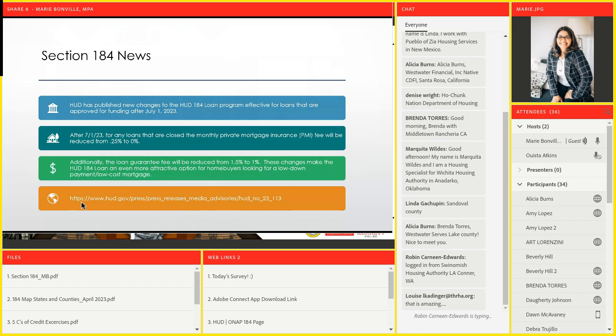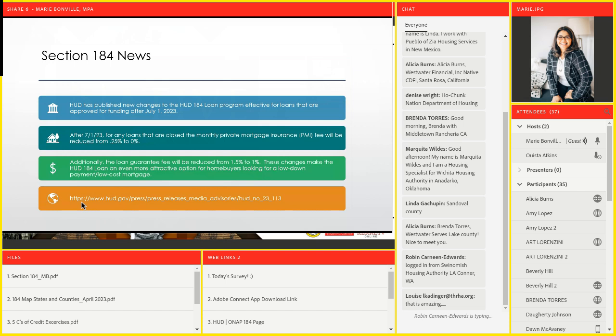It's 0.25%. That is being moved to 0%. So as of July 1st, it will be 0%. So they will not have to pay PMI on their loan. This is hot off the presses. I don't have a whole lot more information than that, but I'm sure they'll provide more guidance as to what this looks like for the life of the loan.